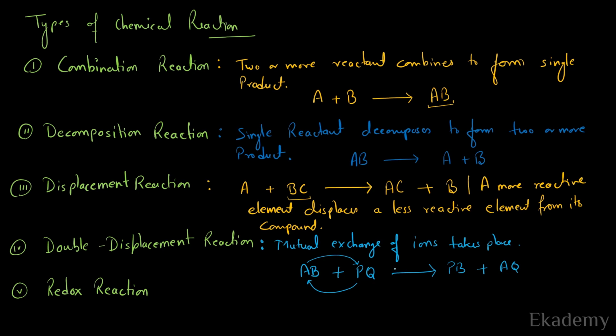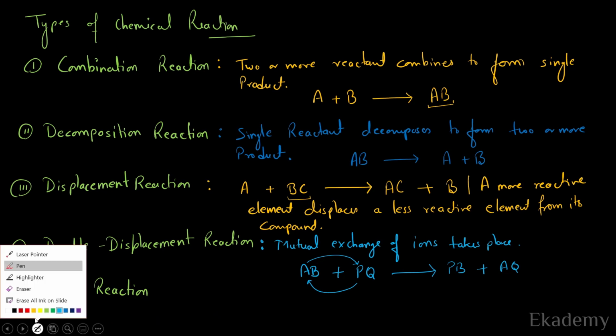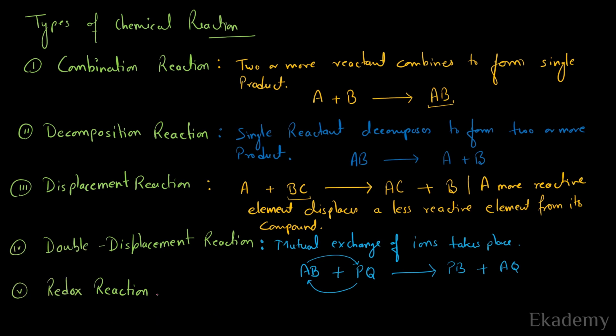So now we have seen so far all the basic types of chemical reaction. The special type of chemical reaction, which is redox reaction, is basically reduction and oxidation reaction. Redox is the short version: RED stands for reduction and OX stands for oxidation.